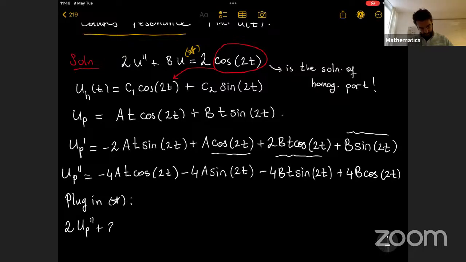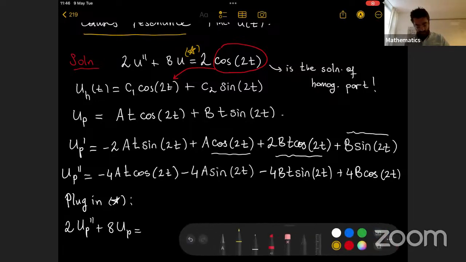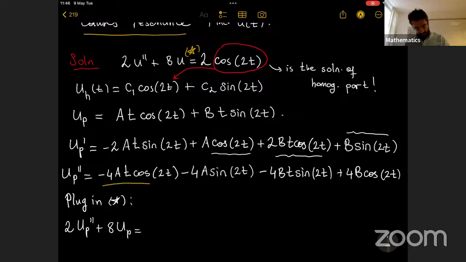There are going to be some cancellations. You can see this easily. For instance, when you multiply u'' with 2, it's going to be minus 8a t cosine 2t. And when you multiply this with 8 u_p, it's going to be 8a t cosine 2t.